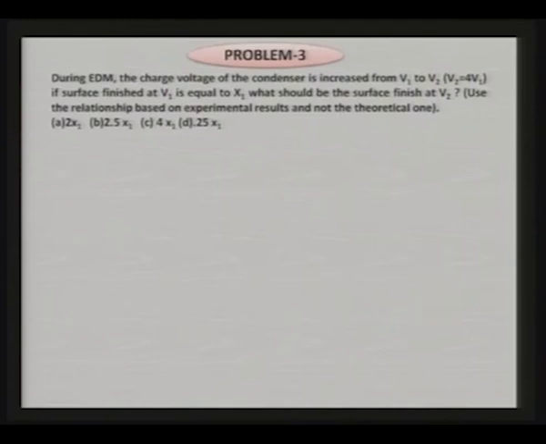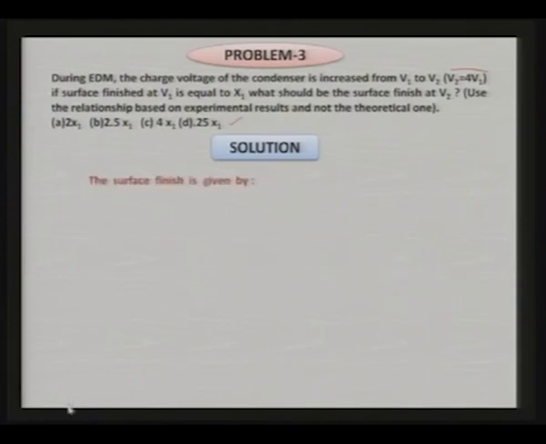And V2 is already given here, is equal to 4 V1. Use the relationship based on experimental results and not the theoretical one. Now, these are the 4 options given to you to give the correct answer. One of these will be the correct answer. Let us find out how to solve or how to give the correct answer.